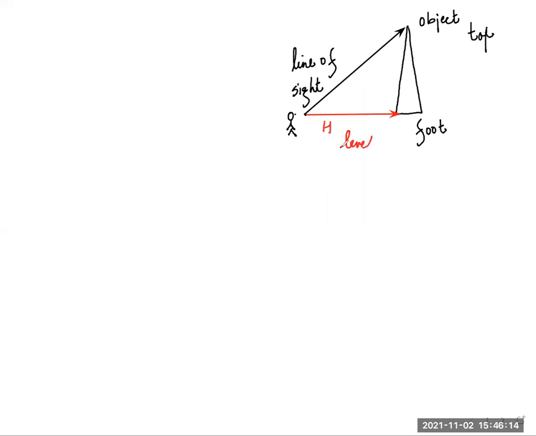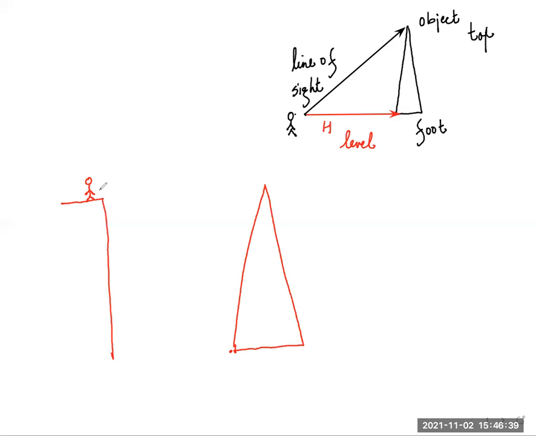Horizontal level. Now, the person can be on the top of a multi-story building also. The observer is here. This is the eye. And he may be observing some object below him. Now, maybe this is the point, the foot of the tower.